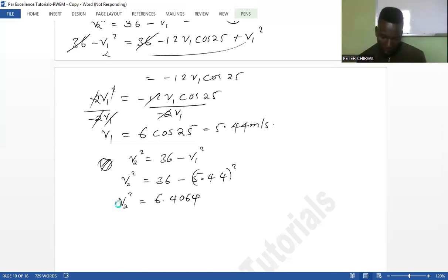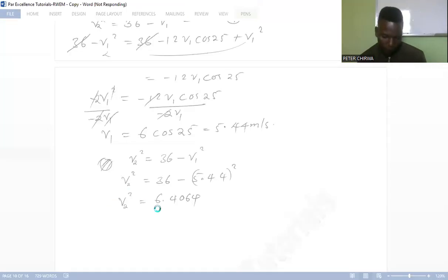So now we square root both sides of this to get just v2, since it's v2 squared.